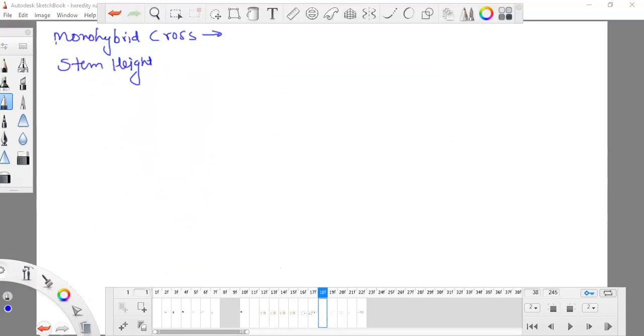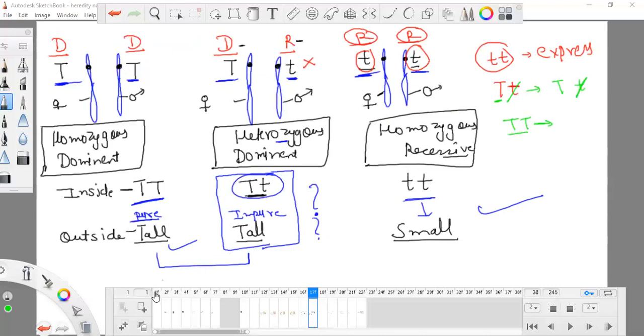Now let's begin. Mendel chose two types of plant, and both of them were very pure. Pure means first of all this is pure, and second of all this is pure. This one is not so pure, it is a mixture.